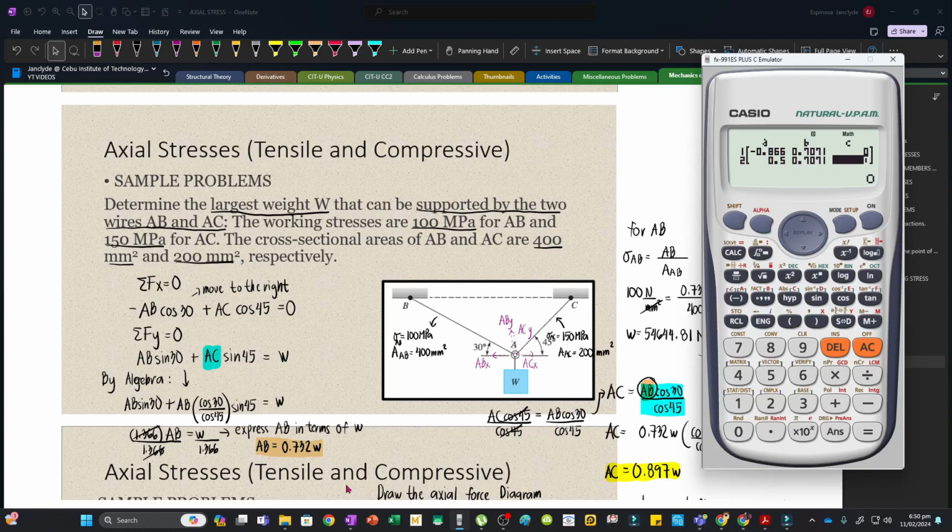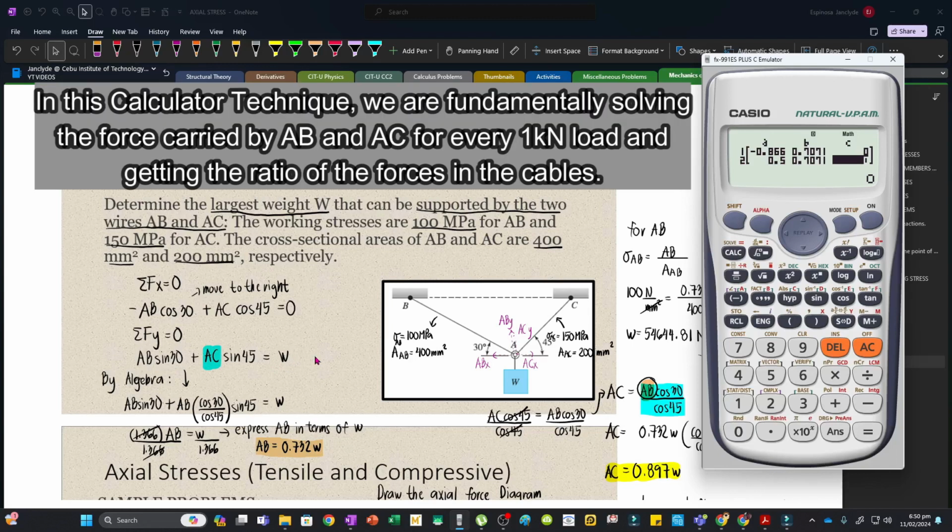However, if we want to express AB and AC in terms of W, then we can just treat this as 1. Because the concept here is that we are taking the ratio of the weight and the forces carried by AB and AC. And so if we treat that as 1, we are essentially solving the force in AB and AC for every 1 kilonewton load. And so I hope that's clear.